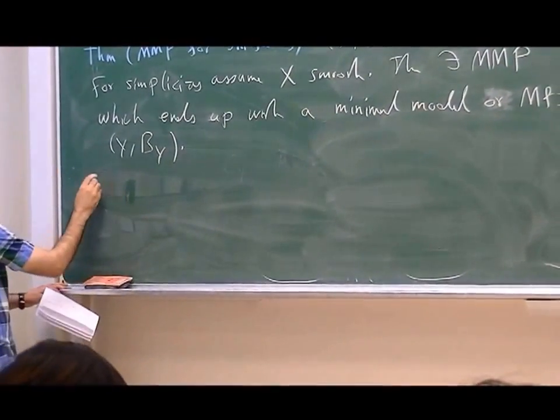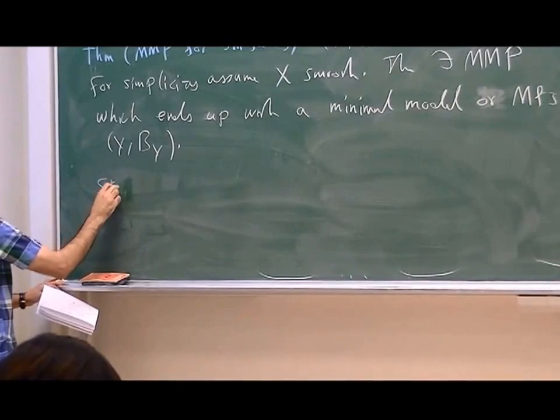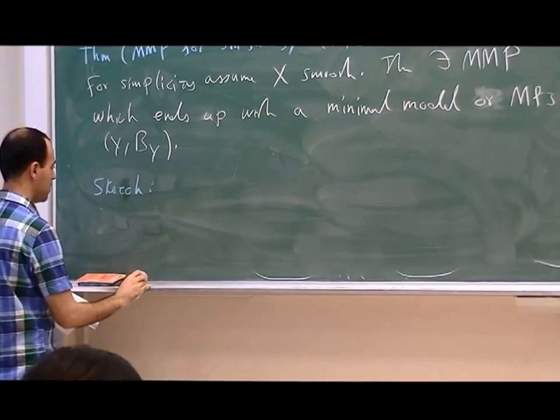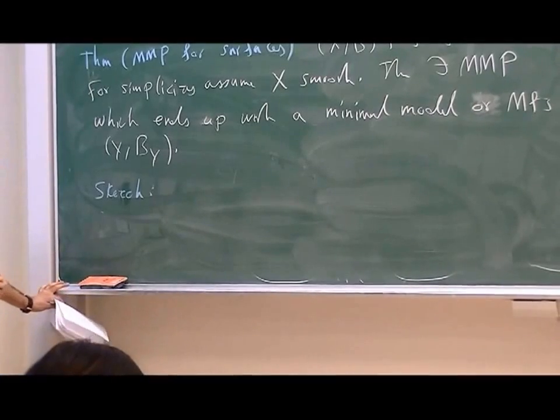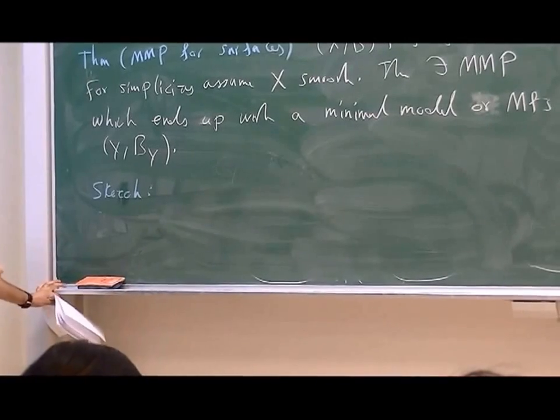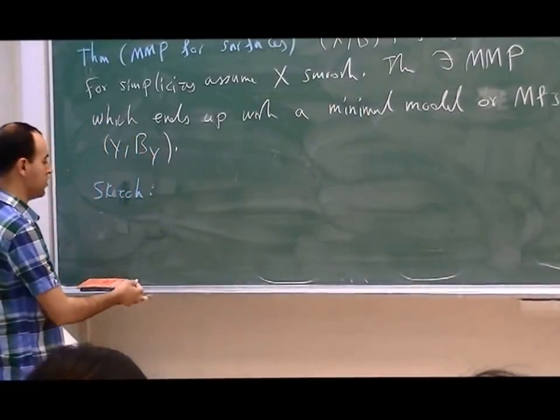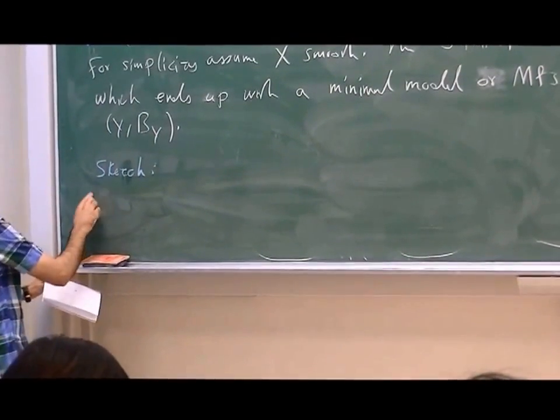And I also tell you the sketch of the proof. Okay, so we are given (X, B), and we try to find the minimal model or Mori fiber space.